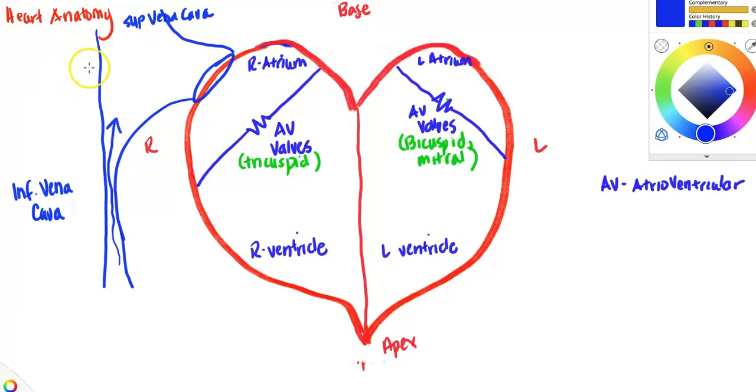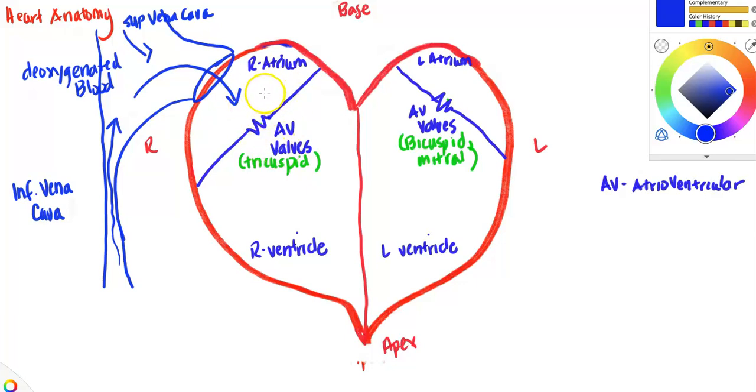So this is all deoxygenated blood. And it will come through here and enter into the atria.